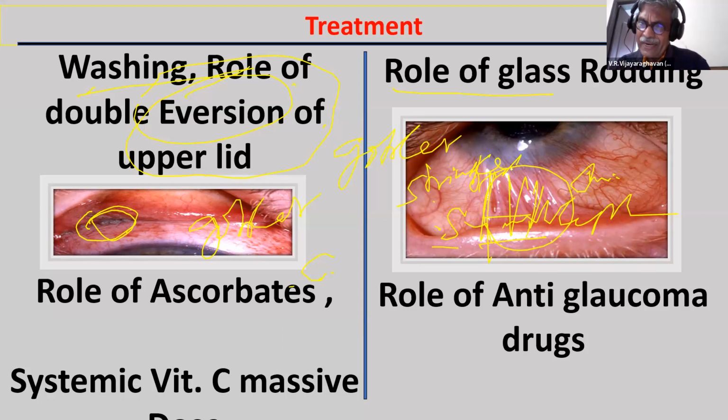When a chemical has fallen, it can come out of damaged epithelial cells, or even inflammatory cells can liberate collagenase. This collagenase can destroy the collagen of the cornea, so the cornea gets thinned out and can perforate also. That is why a chemical injury patient should get collagenase inhibitors.